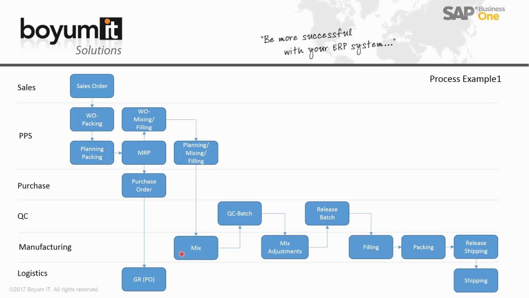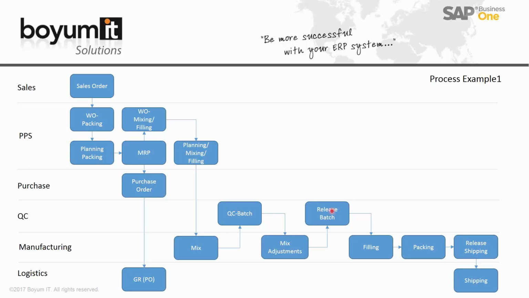So you have the order, you mix, and now comes a scenario you can have in process manufacturing: during your production, your IPC, or in-process control, means you generate maybe some batch with some quality control order, and this quality control order is checked here, and it can be that you have to do some adjustments of your batch. After the adjustment or changing, you then get the release of the batch. So this is the in-process control during your production.